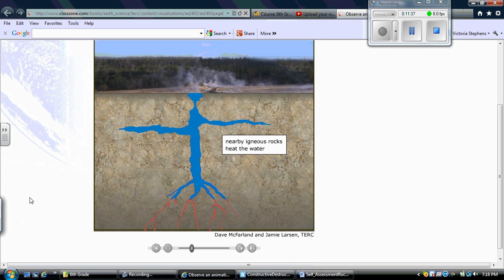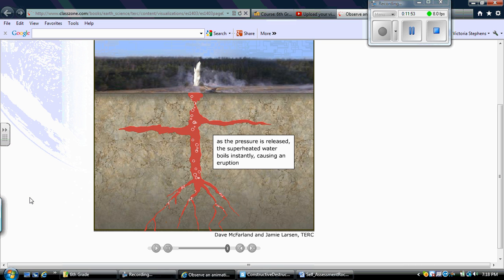Geysers can also form this way. When plates pull apart and it creates cracks in the crust, you have geysers form.